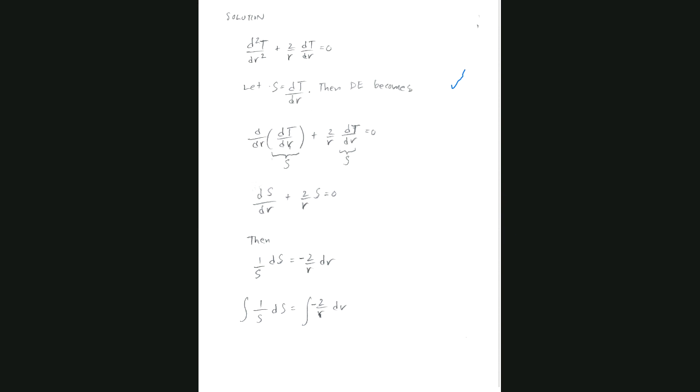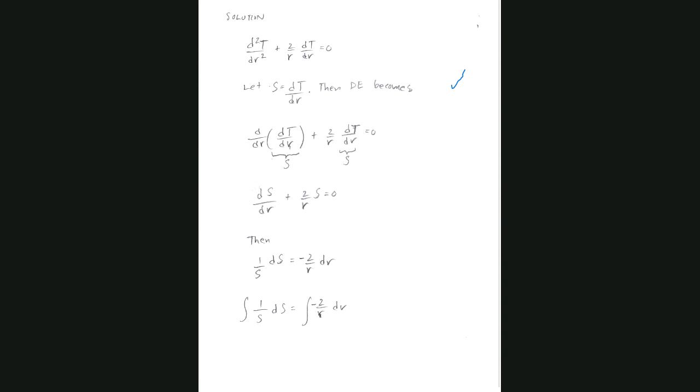We're doing a substitution, but not like an integral substitution. If we let S be the first derivative of T with respect to r, then we can rewrite this second order differential equation that has T as a function of r, as a first order differential equation that has S as a function of r. Because you see, d squared T/dr squared is the same as d/dr of dT/dr, and that's the same as dS/dr.